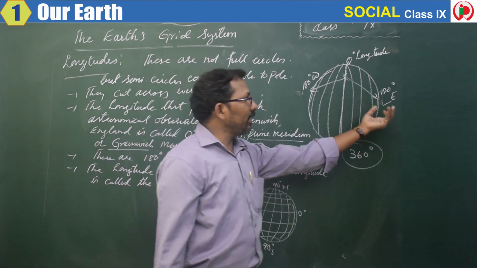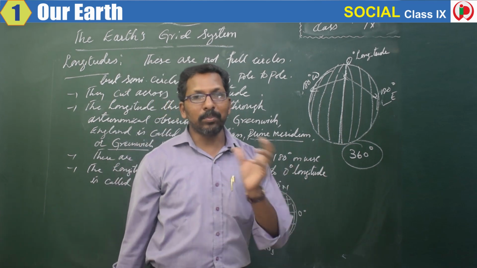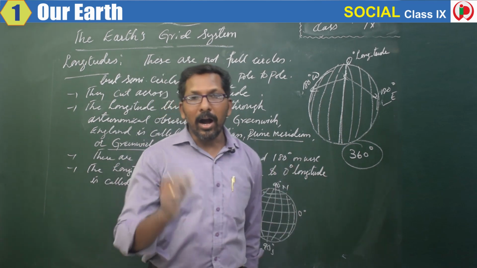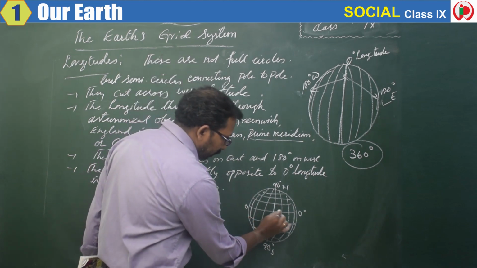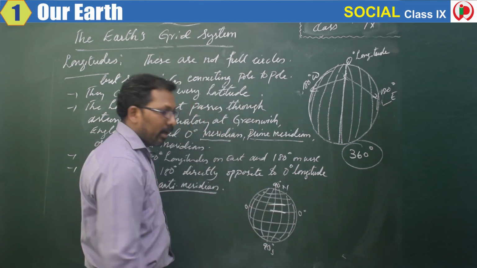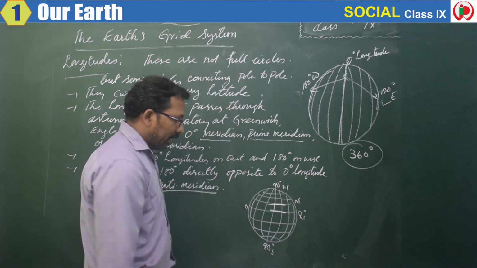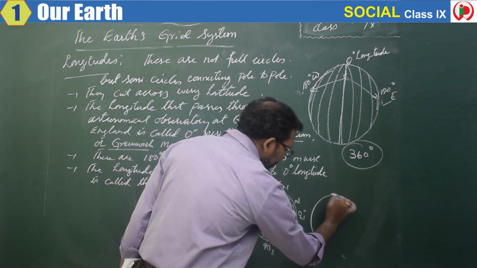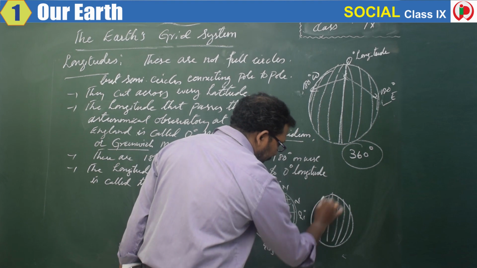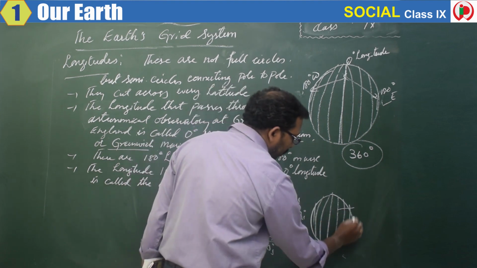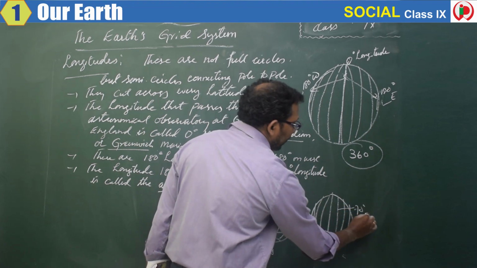Now, why are we writing east and west? As I told you, it is very important in which direction the places are located. As I told you about Hyderabad, it is located in the north latitude, and similarly, in which longitude is it located? Longitude means length. It is located at 70 degrees east.